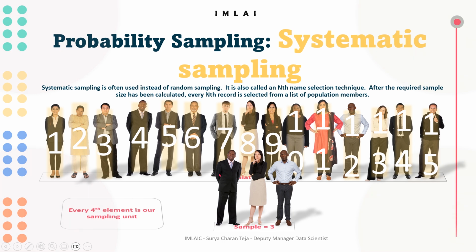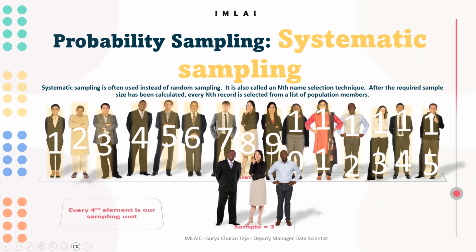Once the first individual is selected randomly from the first k individuals in the population, then every kth individual after that is selected until the desired sample is reached. I want to take 3, so the first one is selected, and after that the fourth element, 4, 5, 6, 7, 8, this girl has come here. Then after the fourth element, 9, 10, 11, 12, this guy has come here.